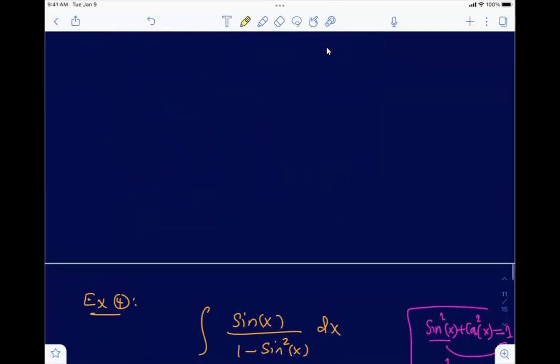Example number 4. All right, so again, give it a thought right here at this point. Sine x divided by 1 minus sine squared x. What would you do in this scenario?